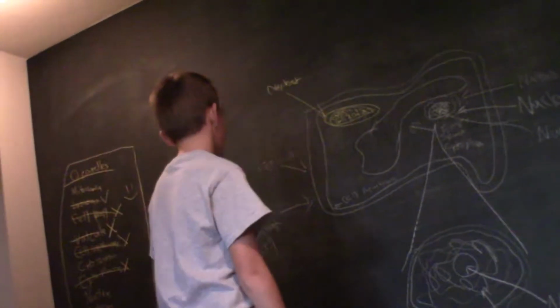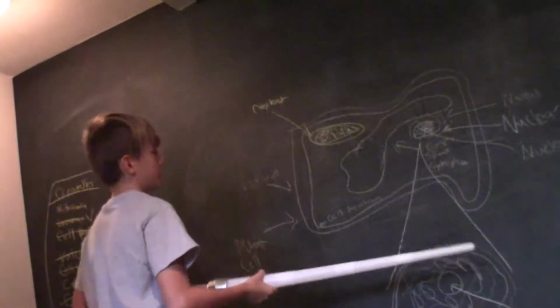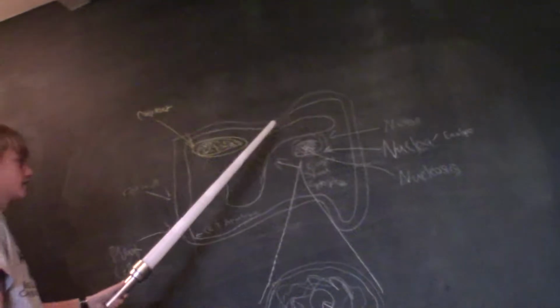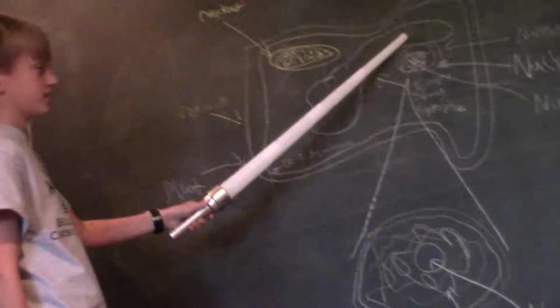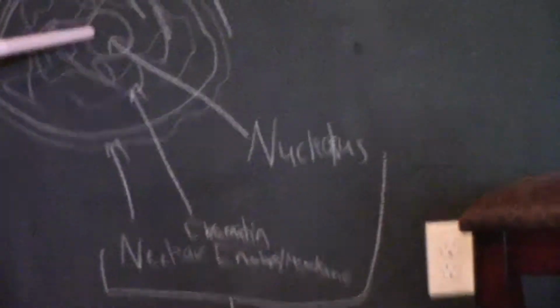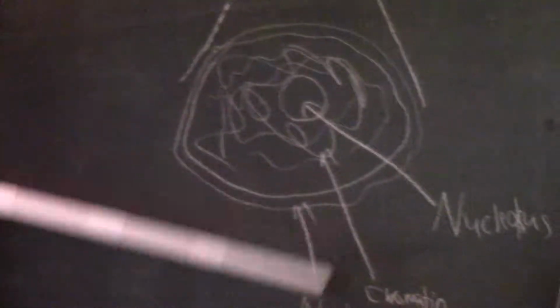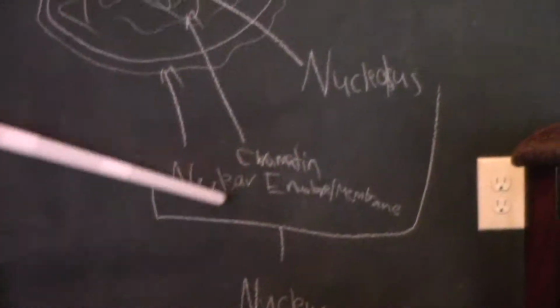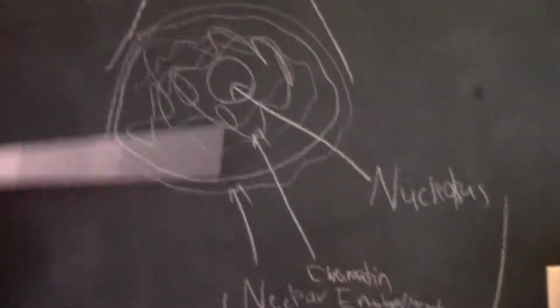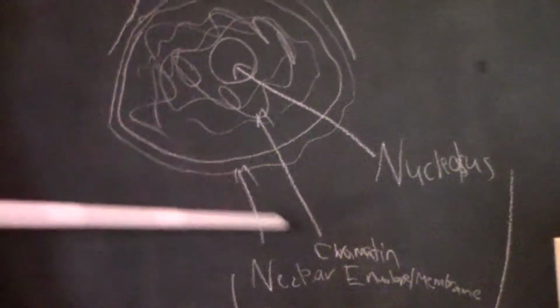So, in any cell, plant or animal, there's a nucleus. Animal cells have a bigger nucleus than plant cells. Up here is a close-up. The nucleus is made of the tiny dot in the middle, the nucleolus, and chromatin, which holds DNA and RNA, which hold information about genetics.